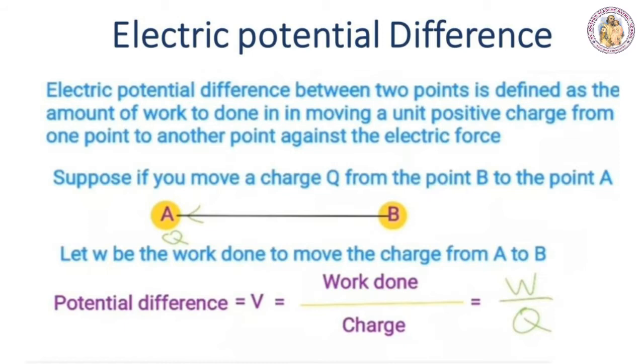Suppose you move a charge Q from point B to point A, and let W be the work done to move the charge. So, what is the potential difference? The potential difference, denoted by V, is equal to the work done per charge. Here, work done is denoted as W and charge is Q.